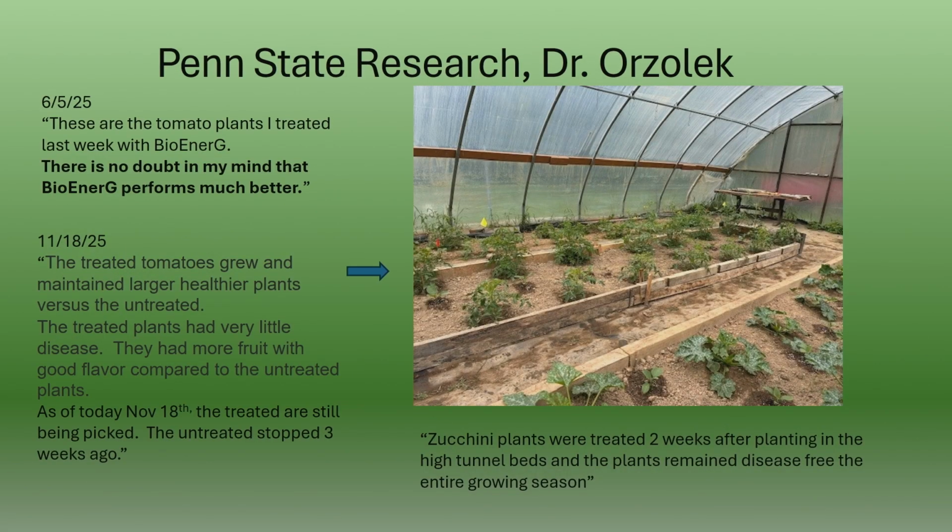And here he had it on tomato plants in the greenhouse and saw a substantial difference. And one of the things he checked it against was a previous biological product that we had worked with. And his statement was, there's no doubt in my mind that bioenergy performed much better.